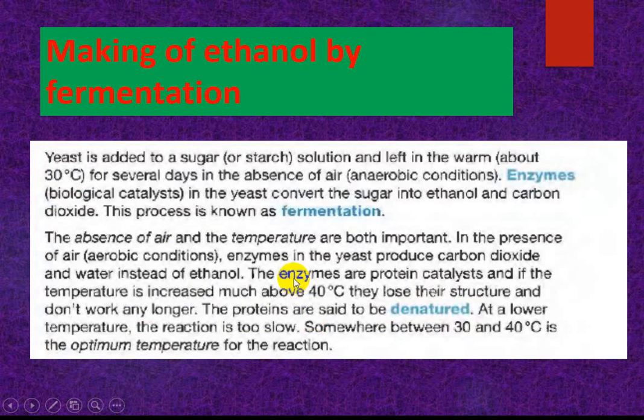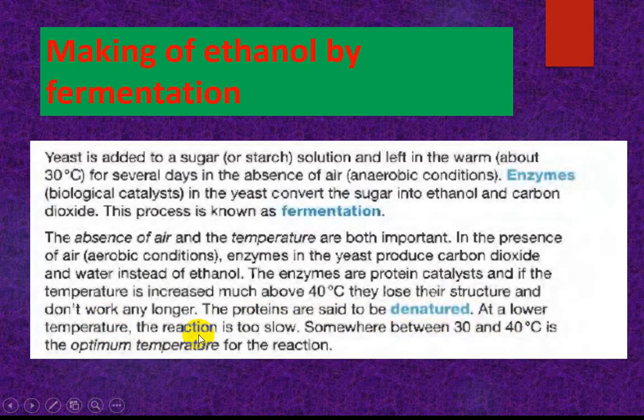So temperature and air conditions are important. It must be anaerobic and at about 30 degrees Celsius. If the enzyme loses its structure and no longer works, it is said to be denatured.